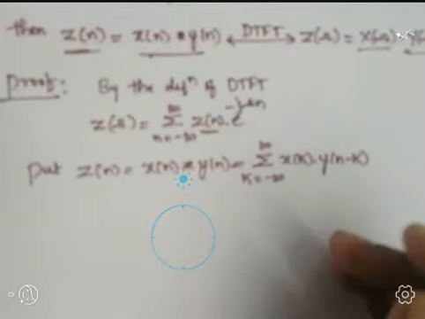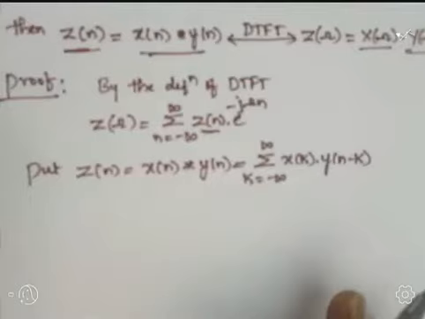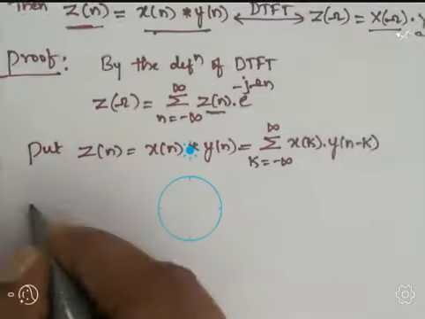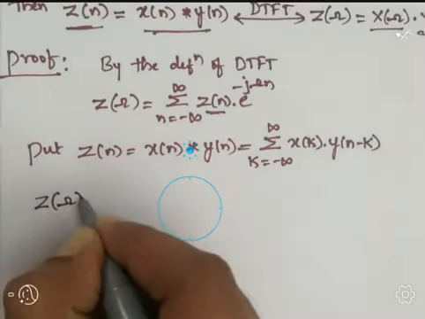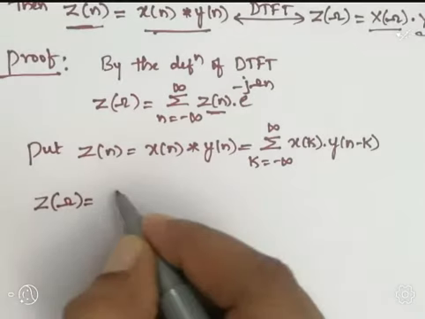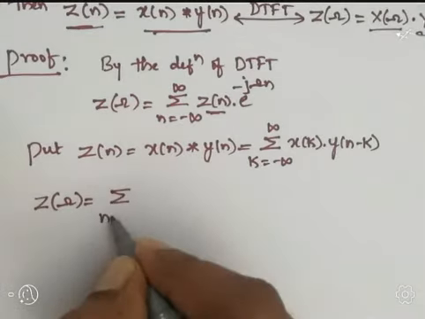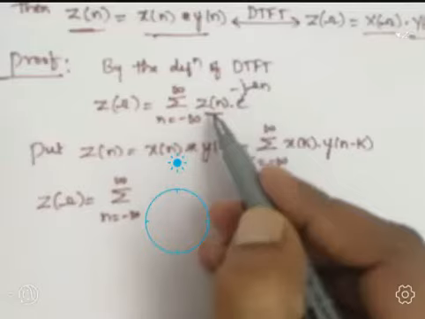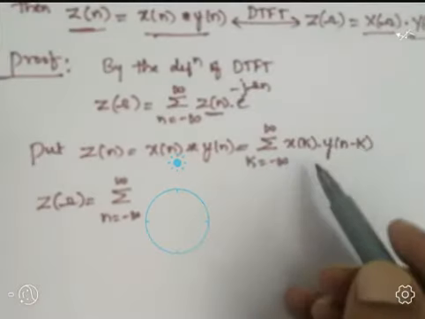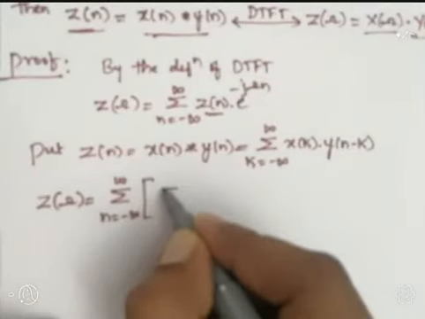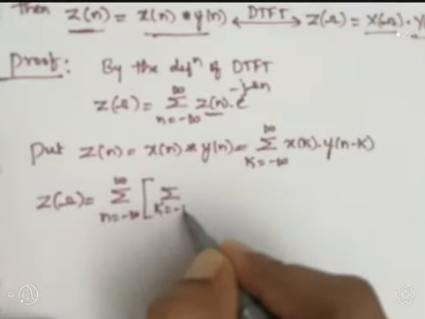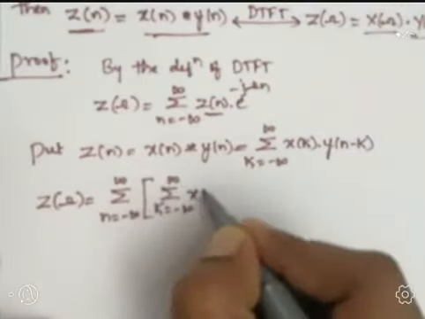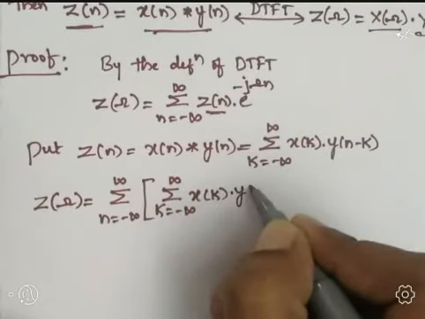Fine. I am going to substitute this in the above DTFT equation. That is, Z of omega is equal to summation n equal to minus infinity to plus infinity, as it is. Then what is z of n? Z of n is this much, so I write in square brackets summation k equal to minus infinity to plus infinity x of k into y of n minus k.